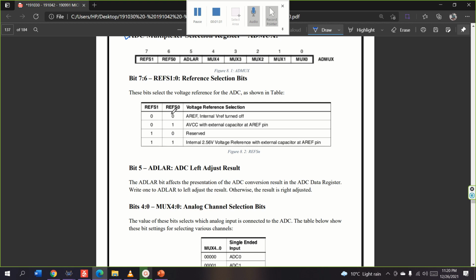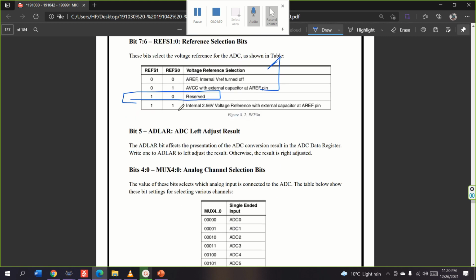If I set 0 0, then the internal reference voltage is off. If I set 0 1, then the external capacitor at the reference pin is on. If I give 1 0, then it is not available, as this pin is reserved. And if 1 1, then the internal 2.56 reference voltage is used with the external capacitor at the reference pin.